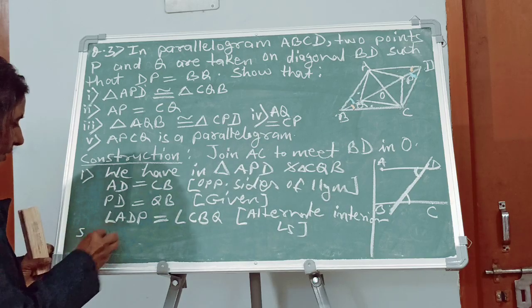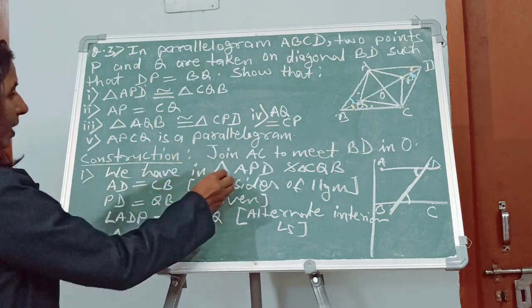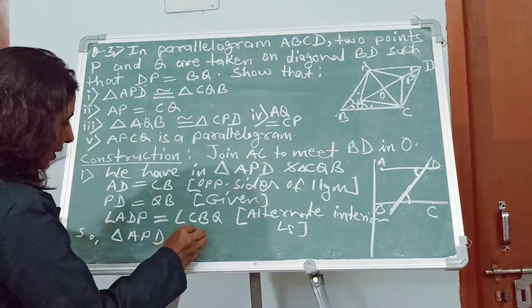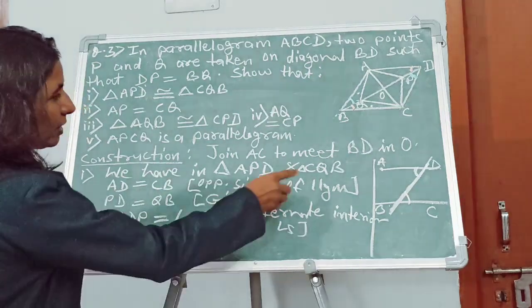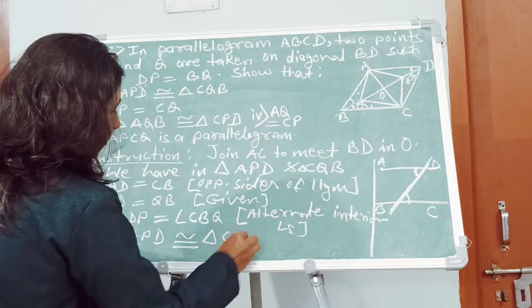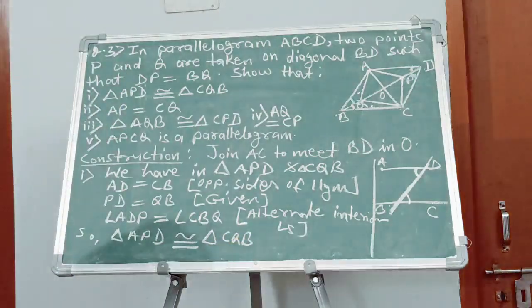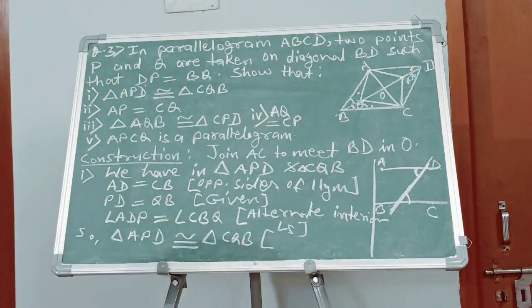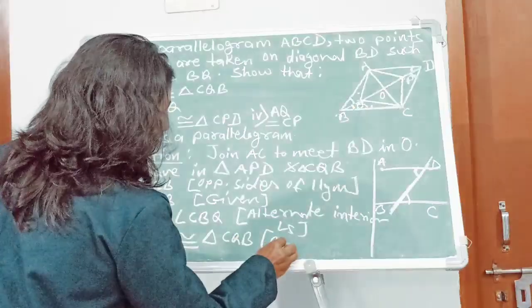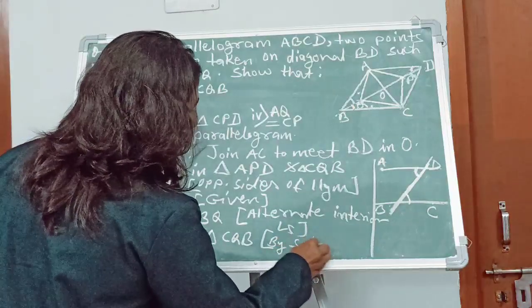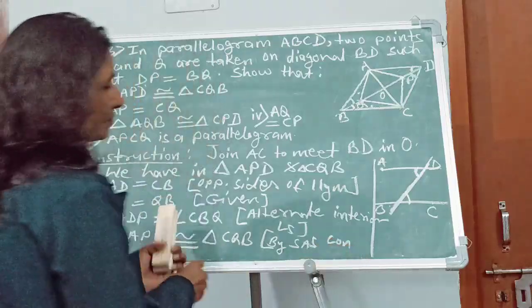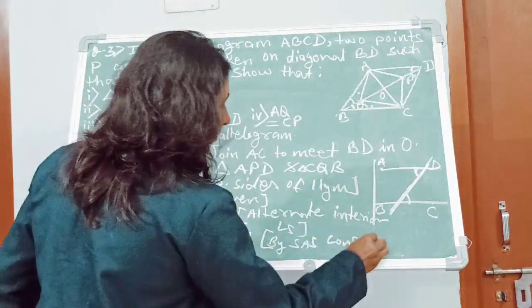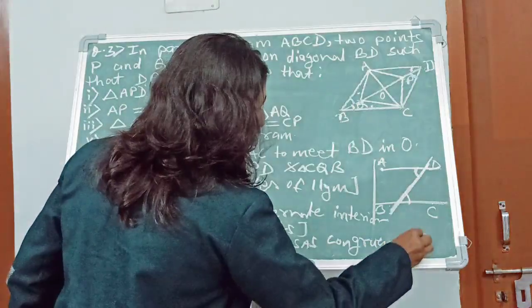So triangle APD is congruent to triangle CQB. You have to write the logic also, by SAS congruency criteria.